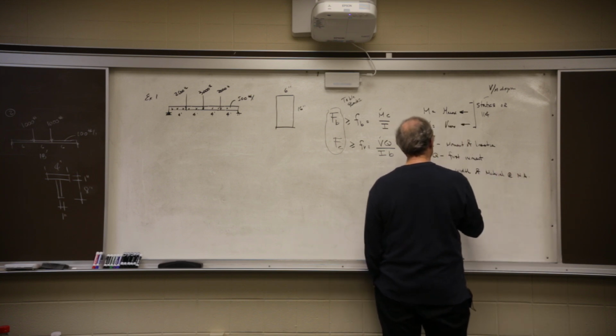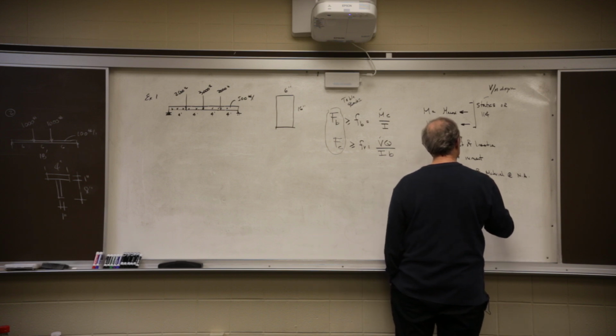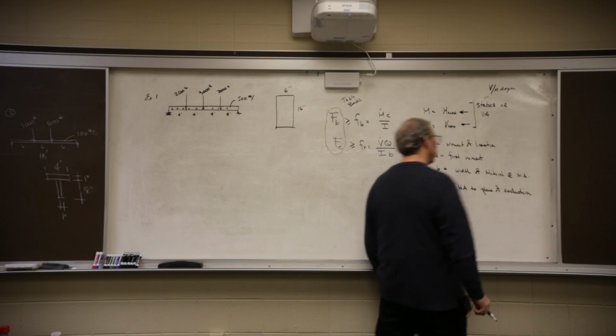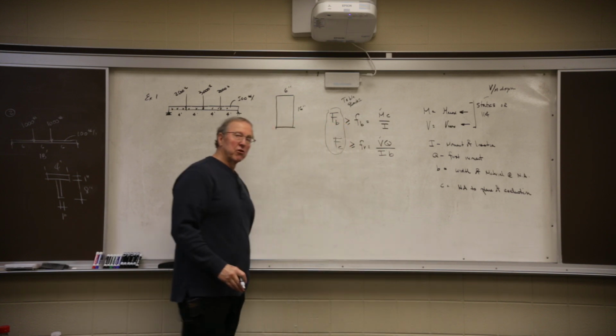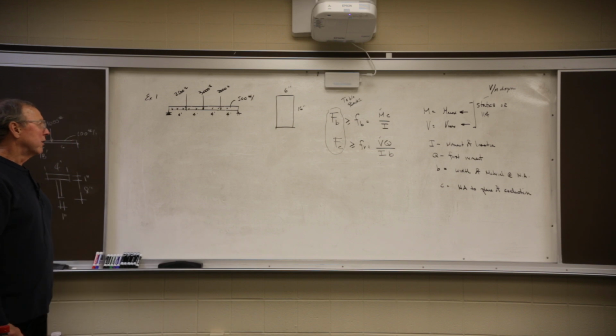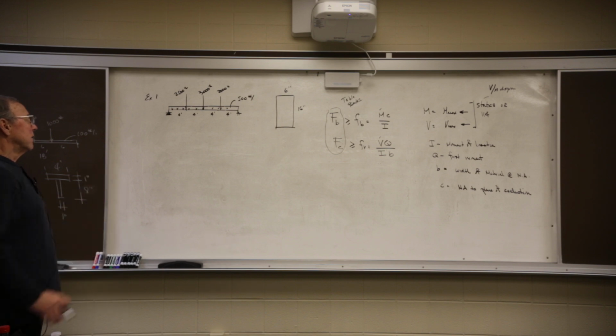And C is the distance from the neutral axis to plane of evaluation. And we'll explain those, and hopefully you got those already. Those are something you should have had by viewing the YouTubes that I gave you to view. So we're going to have to populate those two equations. So how you populate them is up to you. If you want to do the cross-sectional properties first, that's fine. If you want to do the shear and moment first, that's fine too.